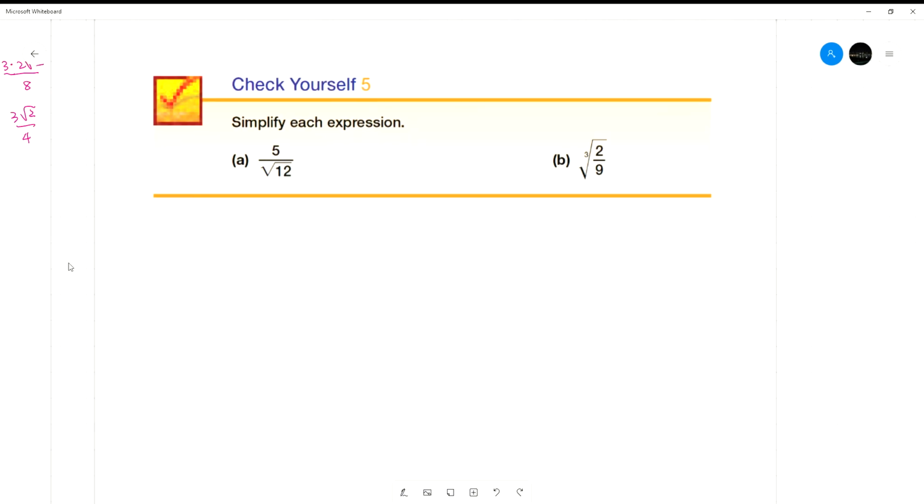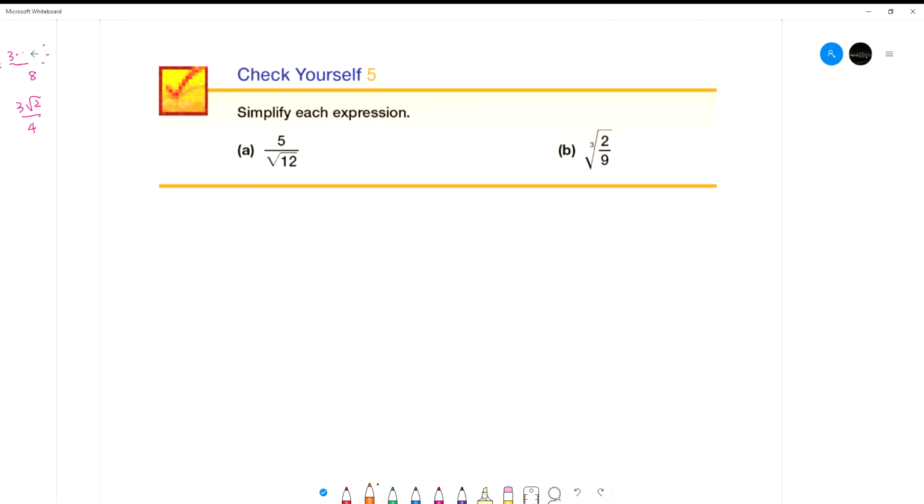Let's try it for these examples. So 5 over root 12. So the smallest perfect square, right? What would that be? So we know that 1 squared, 2 squared is 4, 3 squared. So it's not these small ones, right?